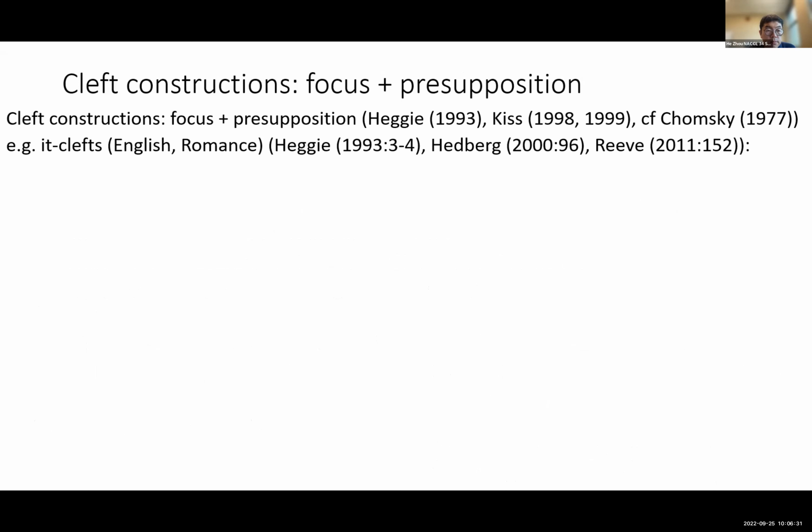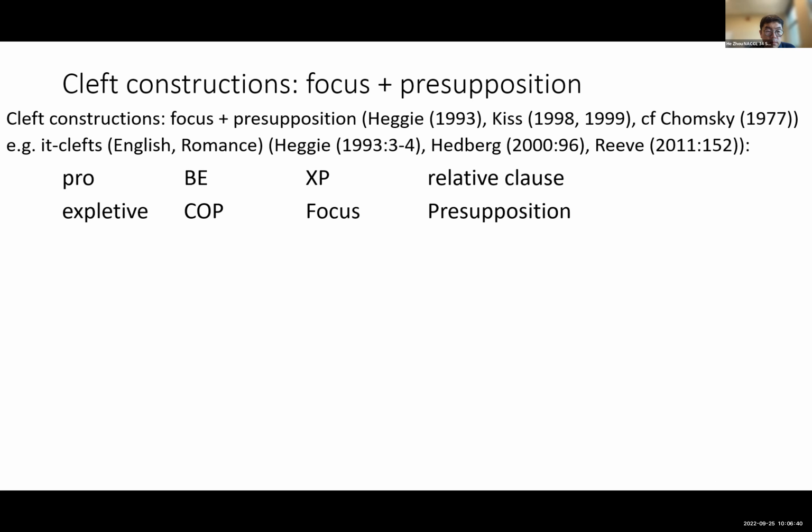A famous example is it-clefts. So for example, in English and Romance, we get many famous examples of it-clefts. The construction usually takes this kind of form. Okay, so it plus cop, the copula, and then there's the focus, and there's the presupposition, which is the relative clause.